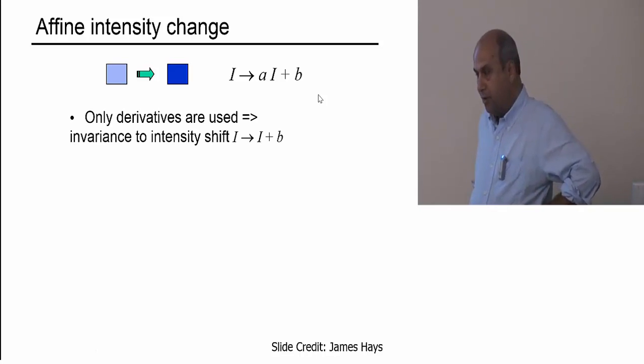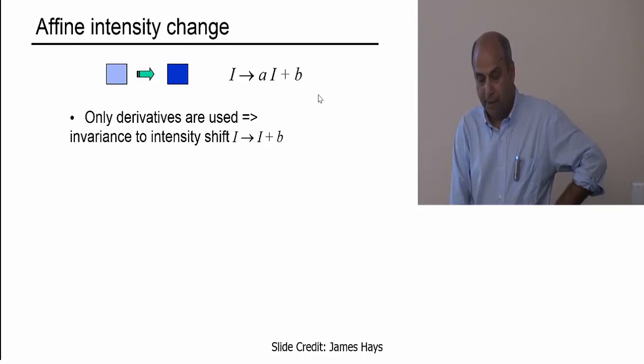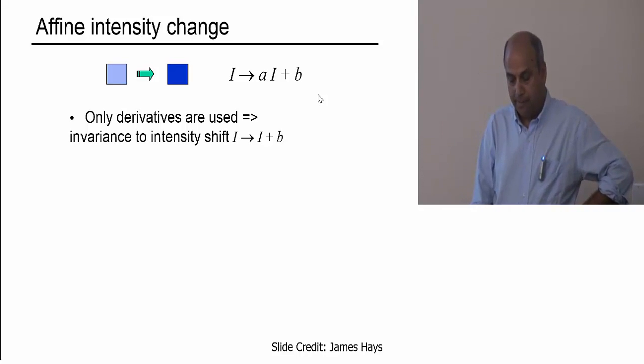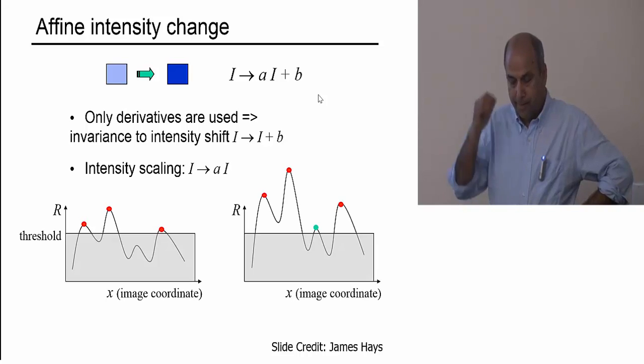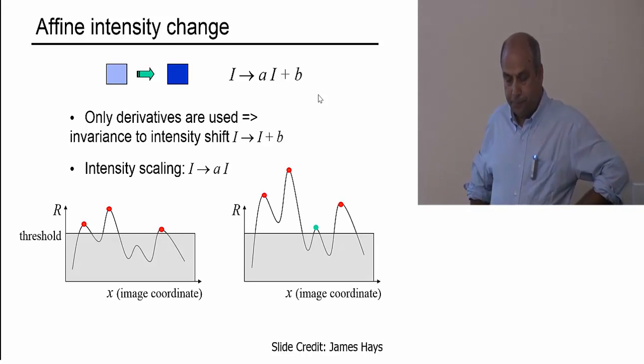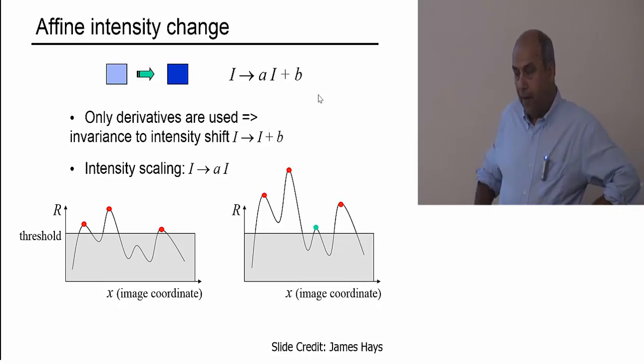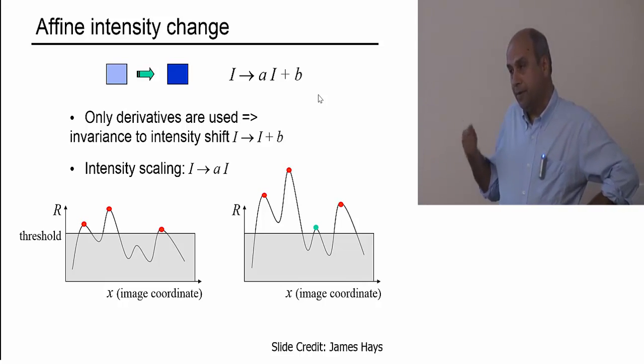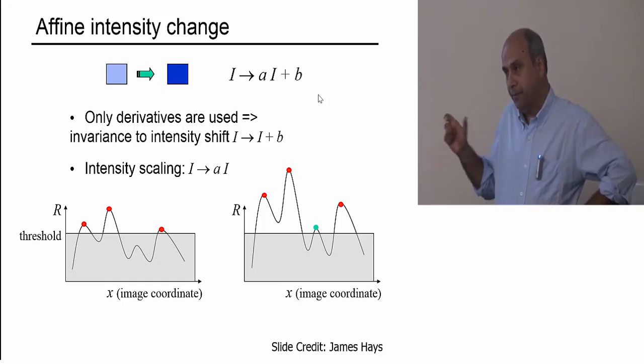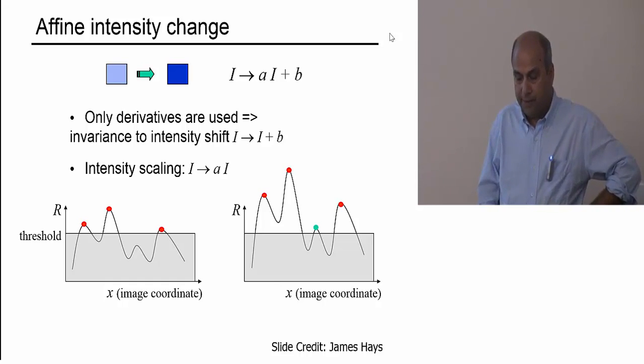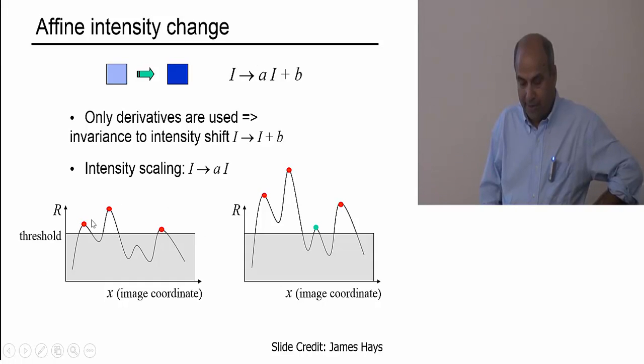So let's see what the impact of that will be. Suppose it is just a translation, like we add something, then there's no problem, because we are finding derivatives, and derivatives are translation invariant. It doesn't make a difference. Now this is a kind of scale, where we are multiplying with this thing. Suppose this is our first I, and these are the maxima, and we apply thresholds, so we detected 3.